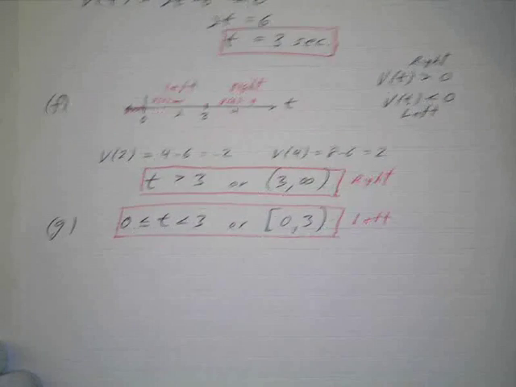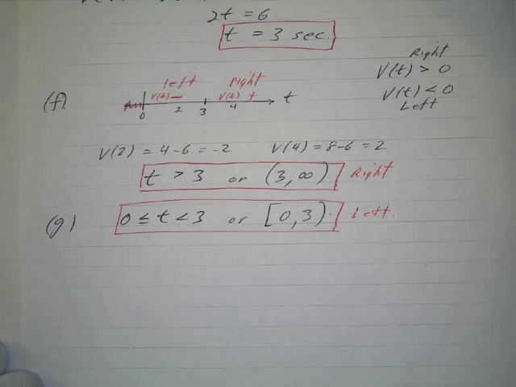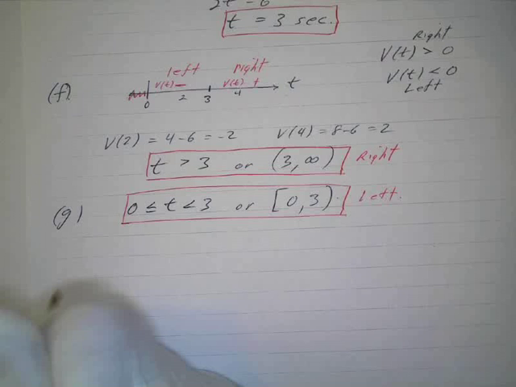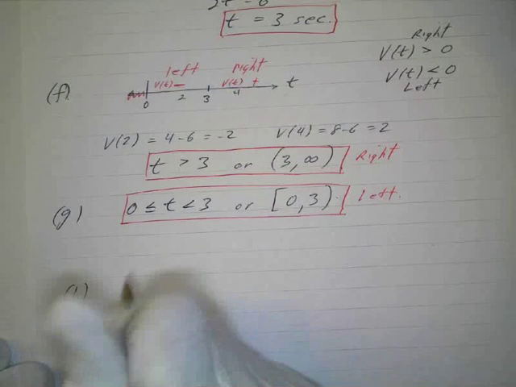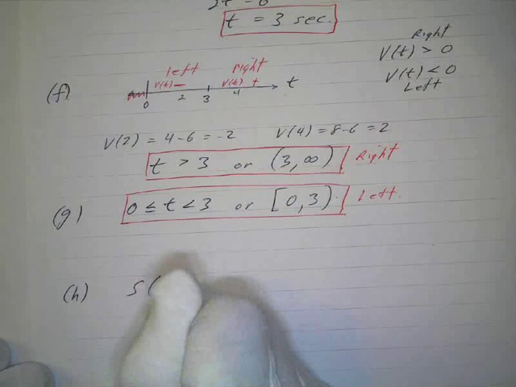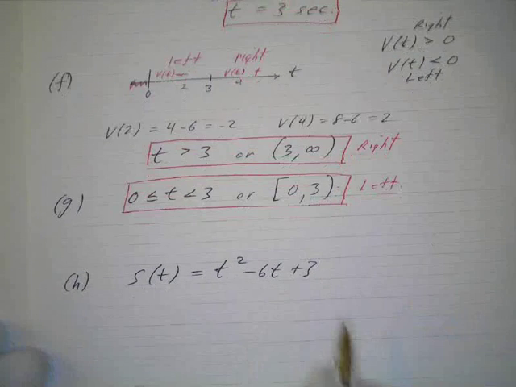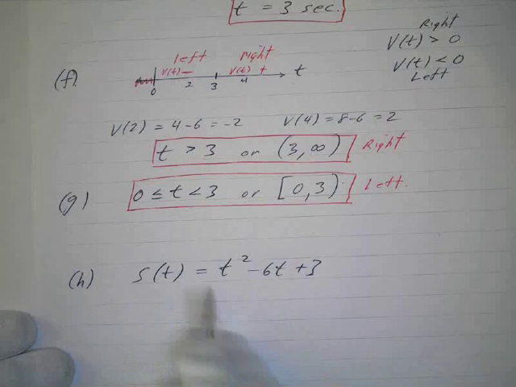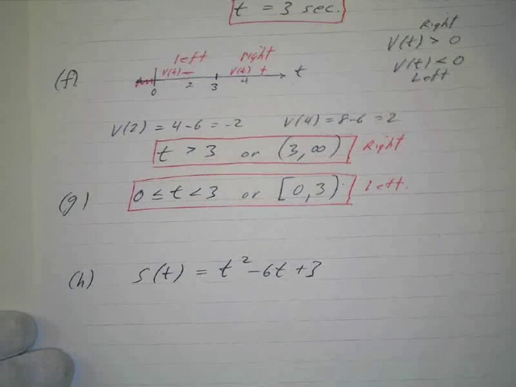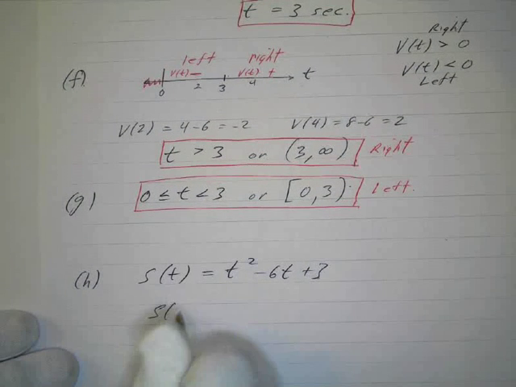And then the last one, H. Where is the particle when it changes direction? Well, the position function will always give me the where. The position function, s of t, is equal to t squared minus 6t plus 3. This tells me the where when I have the when, and I know the when. The when is 3 seconds, so what's s of 3?